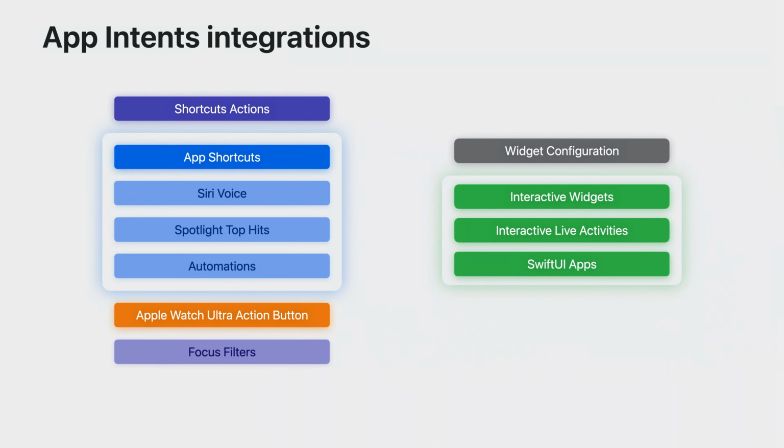In iOS 17, app intents have become even more widely accessible, thanks to the integration with interactive live activities, widget configuration and interactivity, and SwiftUI. App shortcuts have grown too, to include support for Spotlight top hits and automations. All these integrations mean that the same app intents code can be reused in lots of different ways.